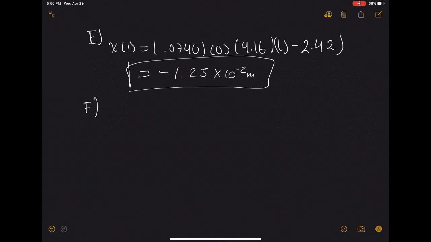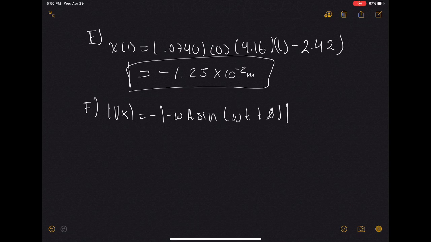For part F, it's asking to find the speed of the mass at t equals 1. So we have to do the derivative of the other one. The derivative of that is going to give you negative ω times amplitude times sine of (ωt plus phase). Now we can plug the numbers that we already know.